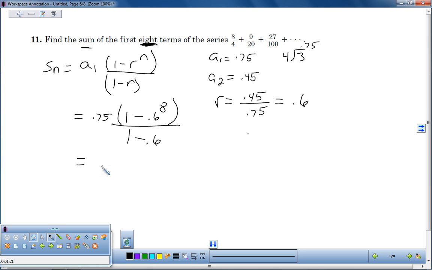Alright, so we end up with 0.75 times 1 minus, let's go ahead and put that in our calculator, 1 minus 0.6 to the 8th power.